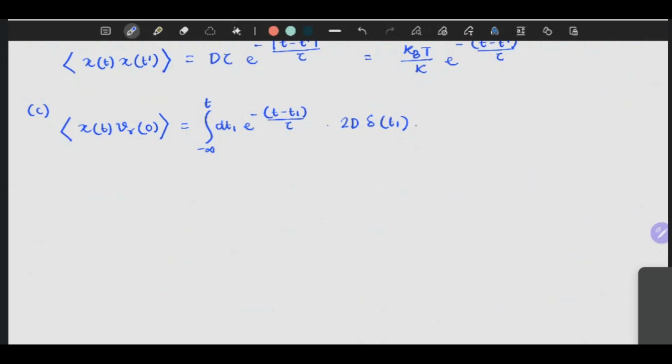It just requires the relation of delta functions.